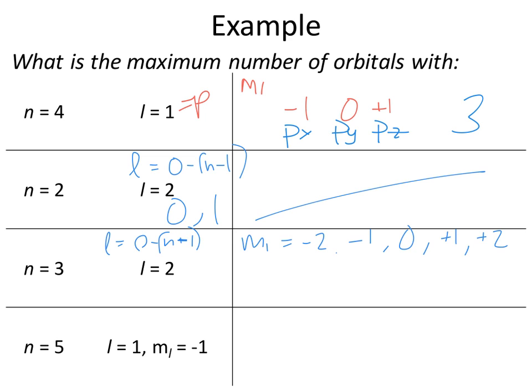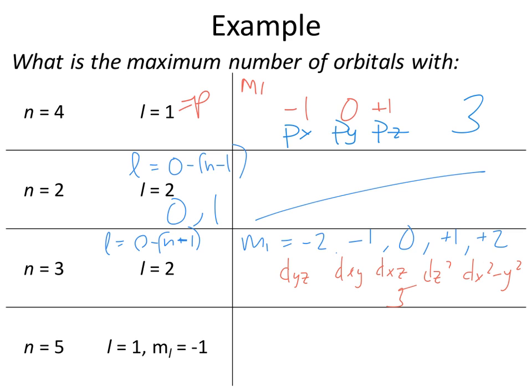So here we have 5 different orbitals. If you really want to know, this will be your dyz, this will be your dxy, this will be your dxz, this will be your dz squared, and this will be your dx squared minus y squared. So there are different orientations. Again, you don't need to know this, but how many orbitals does it have? Maximum of 5.